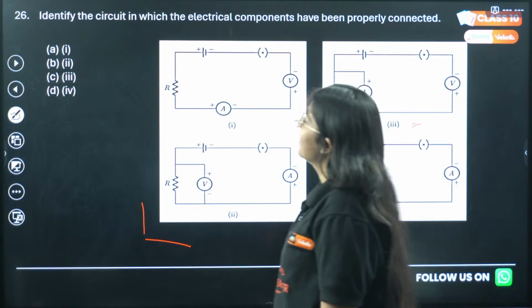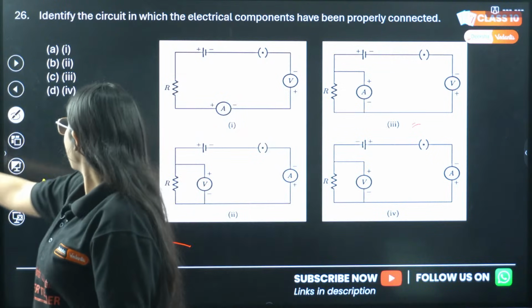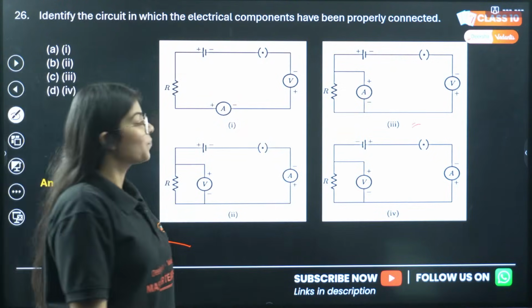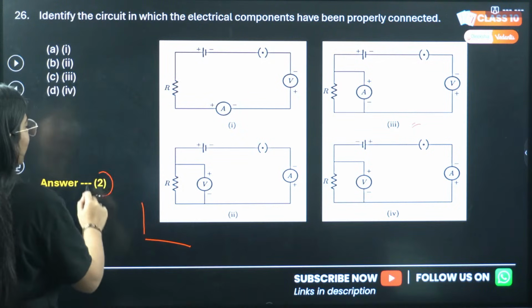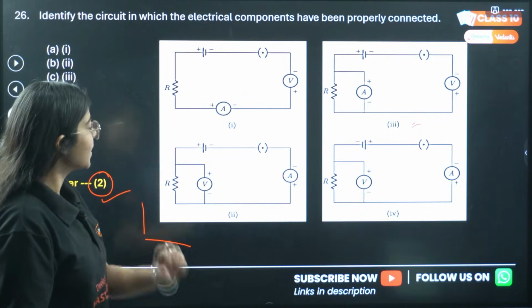Okay. Let's see which is correct. The actual option is B. I wrote 2, I don't know why. Okay, B. Why is it correct?